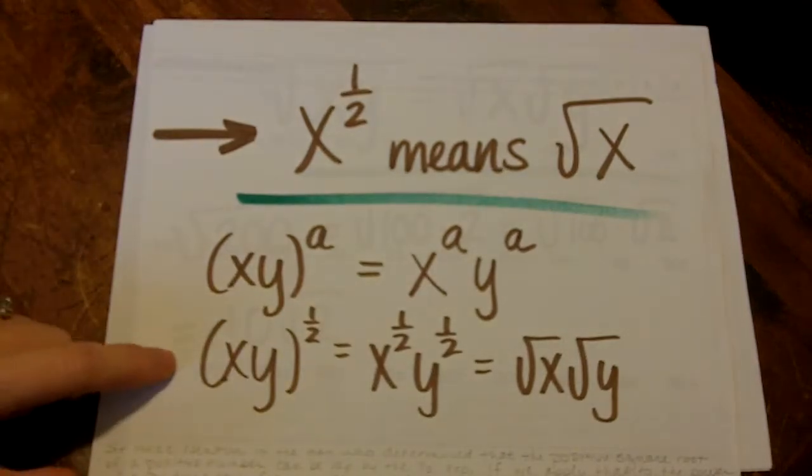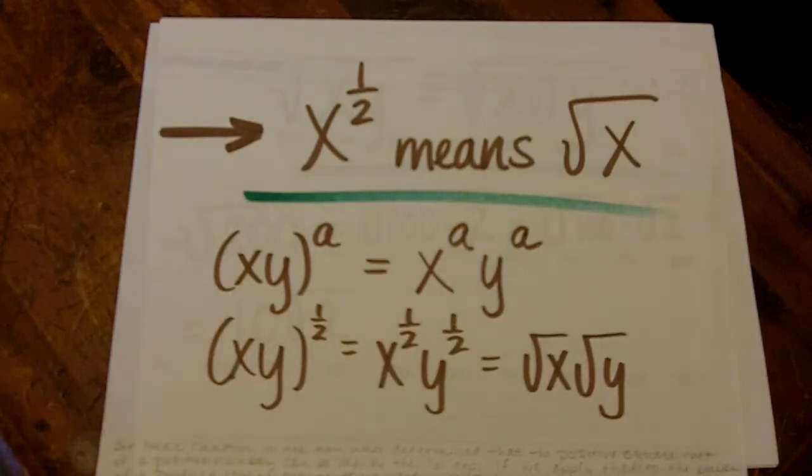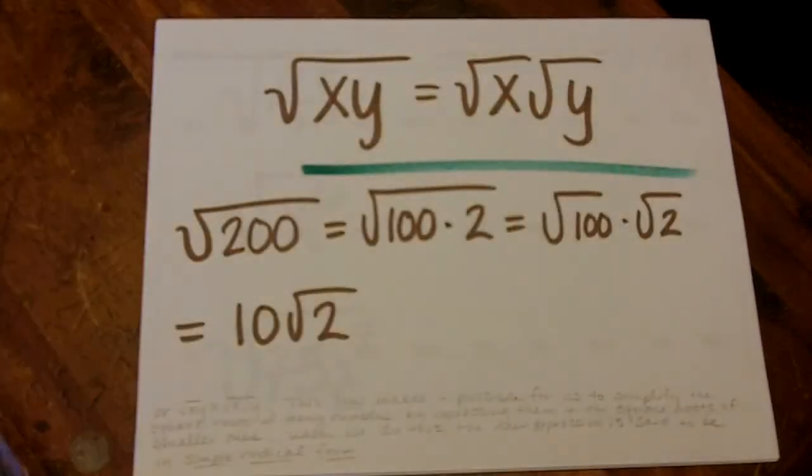Now, using Sir Isaac Newton's 1/2 exponent, we can write xy to the 1/2, which would mean it could be the same thing as x to the 1/2 times y to the 1/2, and it could be written as the square root of x times the square root of y. In fact, it can also be written as the square root of x times y.